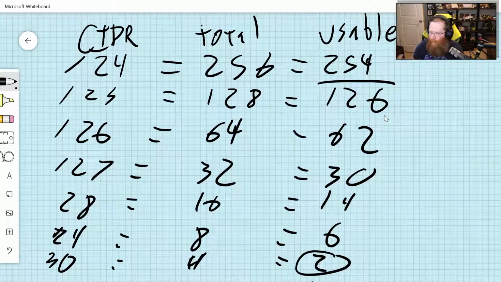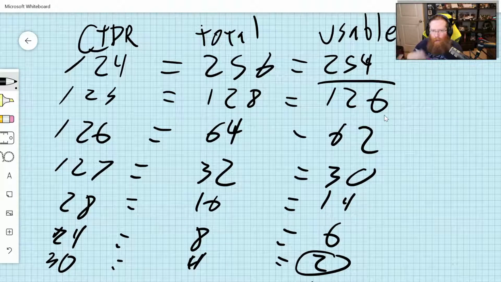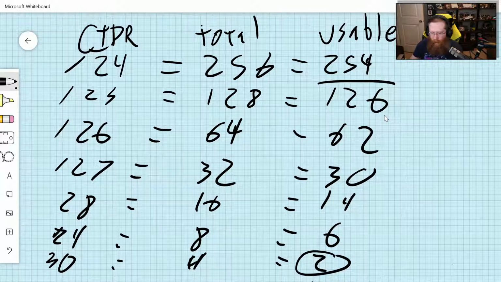Okay. So as you can see, it's a pattern. It's showing up over and over again, and you're going to see this pattern constantly. The more you subnet, the more often you're just going to see this natural pattern. And what this is called is base 2 math. And you can do all this based upon base 2 math.